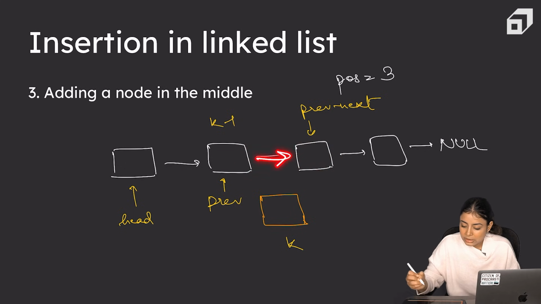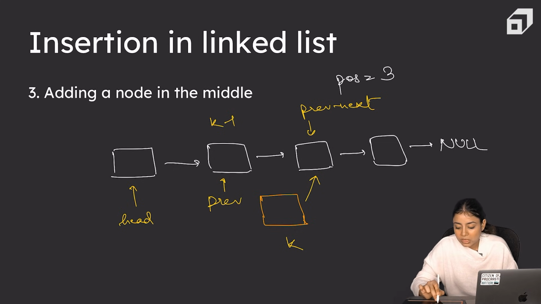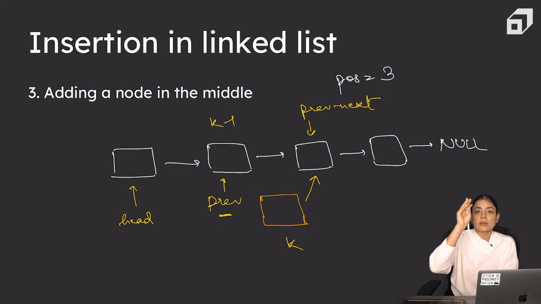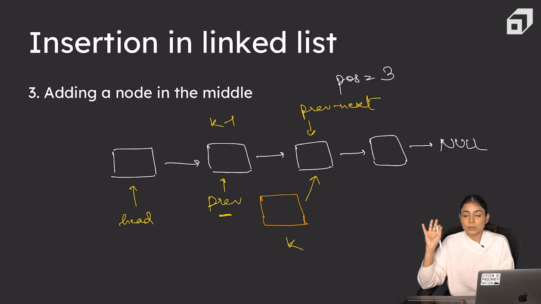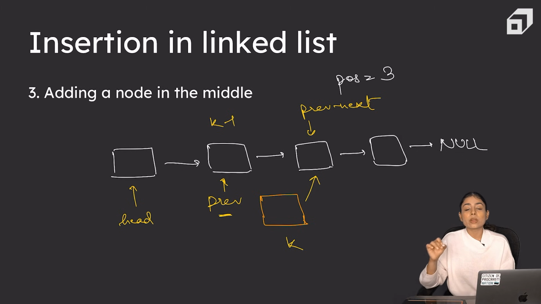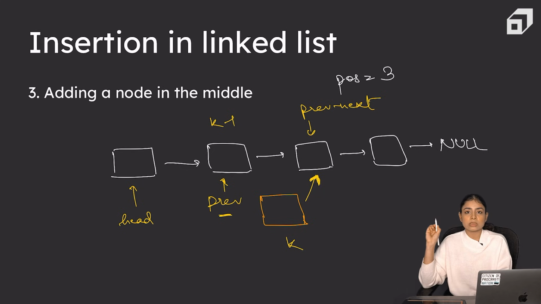So before changing this, we'll first say the new node next, put it as previous next. Let's understand again, what am I calling previous? Previous node is the node that is at position k-1, after which I need to add my new node. Now, previous next will be the node that will come after my new node. So next of the new node should point to this particular node.